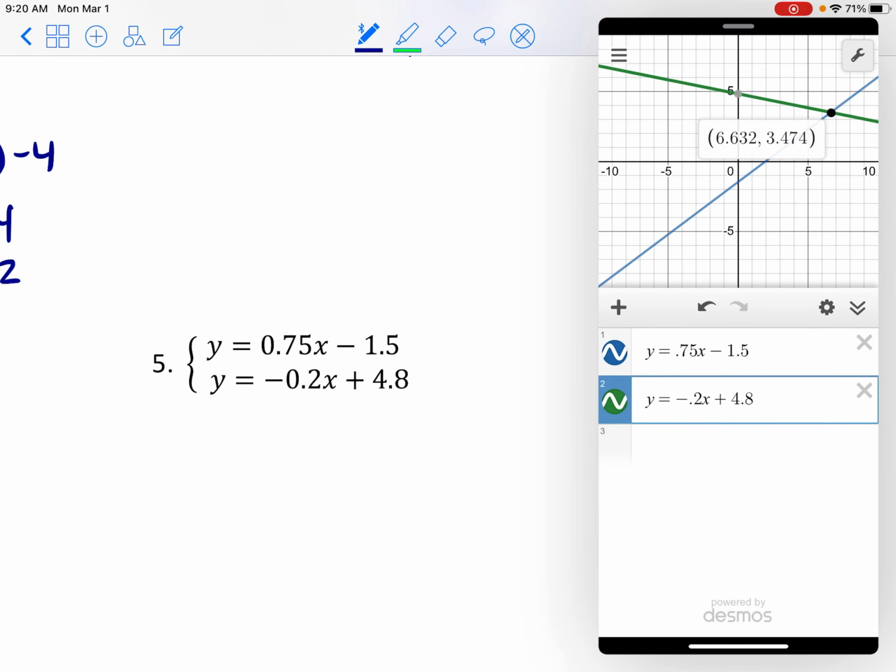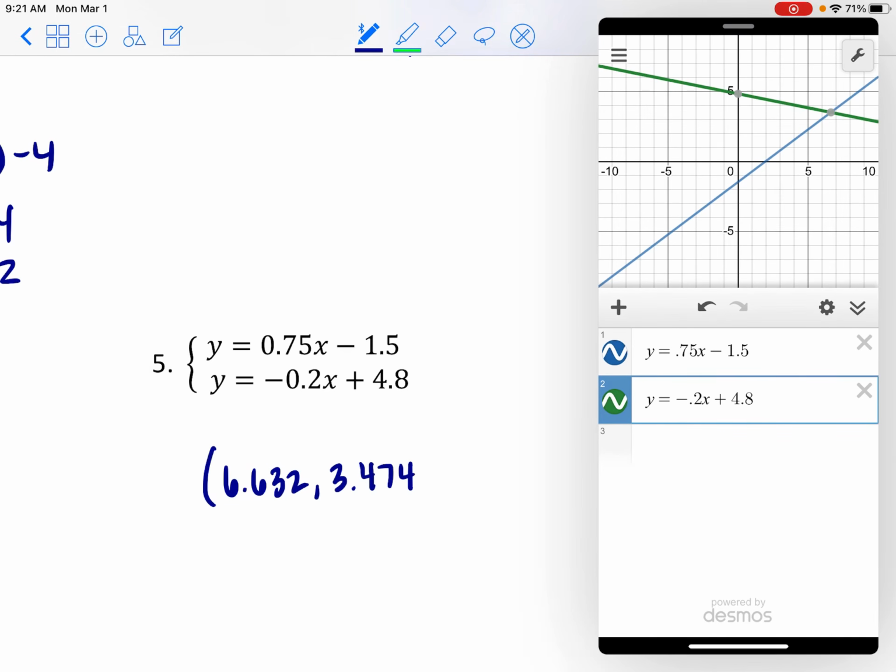Yeah, that solution by hand, not so much. So 6.632, right? You can just imagine. First, having to graph with those decimals wouldn't be ideal, and there's no way we're going to be able to identify that solution. We might be able to say it's a little more than 6 and a little more than 3 if we graphed really accurately, but I think that's going to be near impossible to capture if you're graphing by hand.